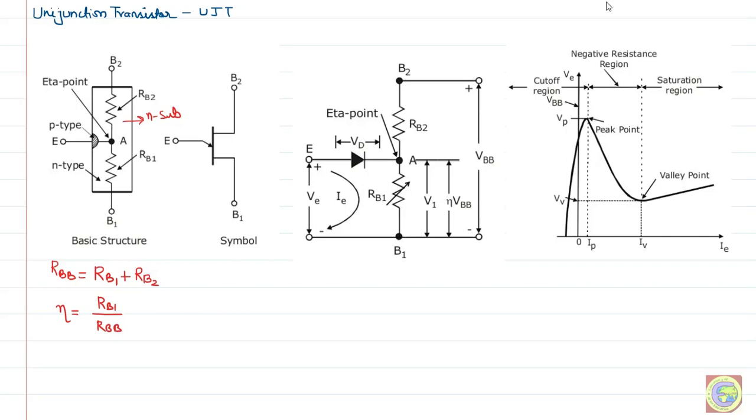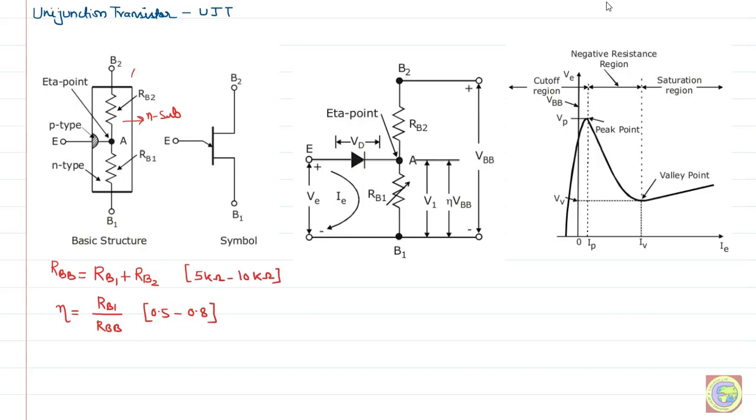Typically the range of eta is from 0.5 to 0.8, based upon the value of resistance, because the interbase resistance RBB ranges from 5 kilo ohms up to a maximum of 8 or 10 kilo ohms. Fine.